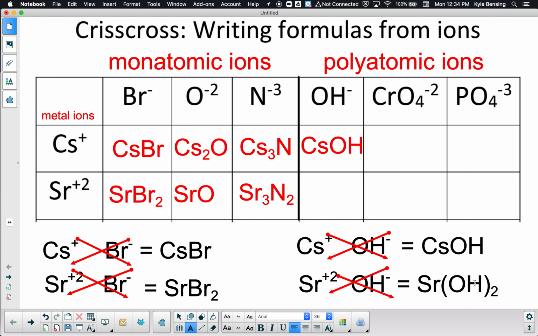So this is OH, and I have 2 OHs, and that's why we use the parentheses. So of course this looks like this: Cs, and then parentheses, OH, parentheses, and then the 2. I'm going to do one more to show you up here. Let me finish that one off with the 2. There we go.